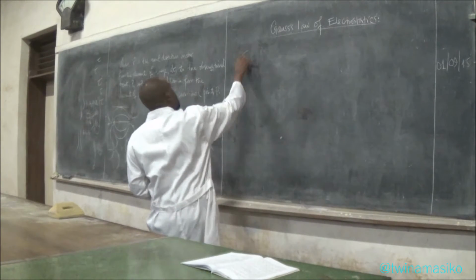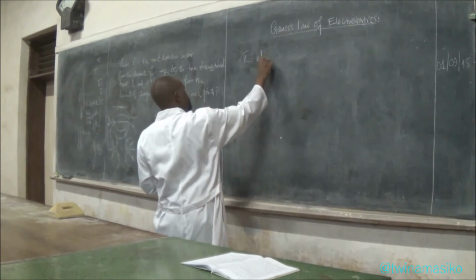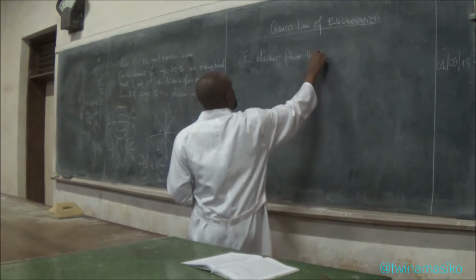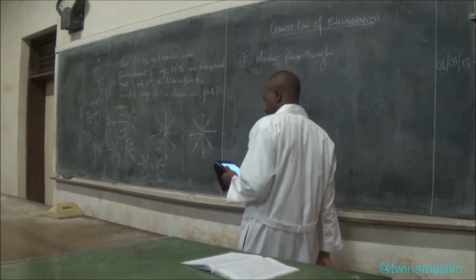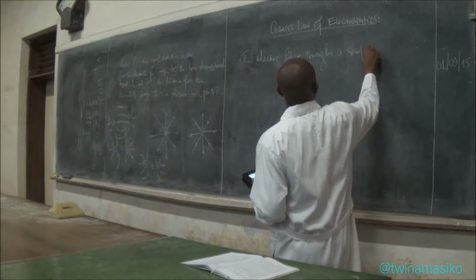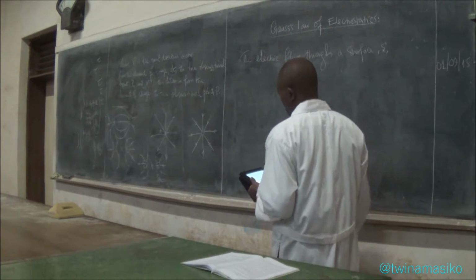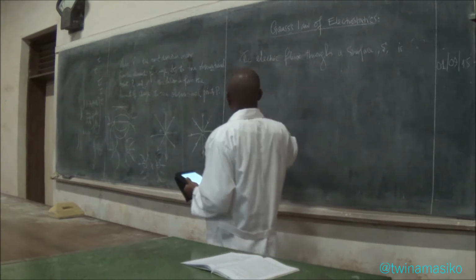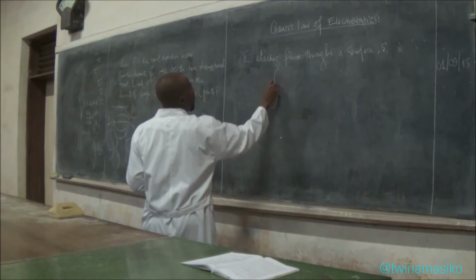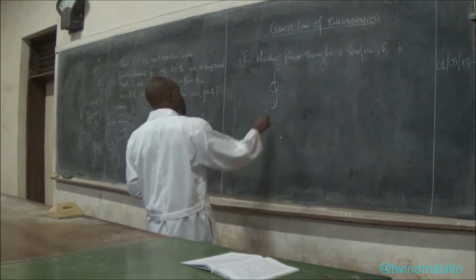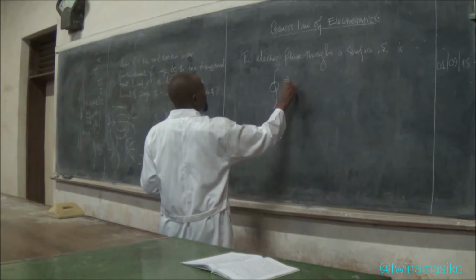So the electric flux through a surface is given by the integral along all that closed surface of E dot dS.